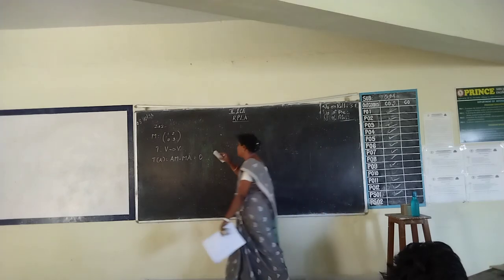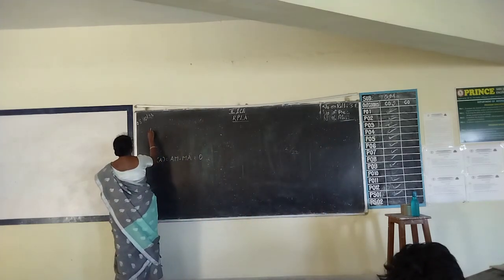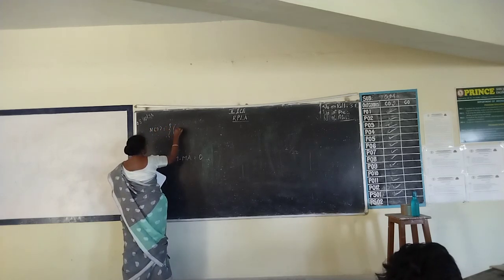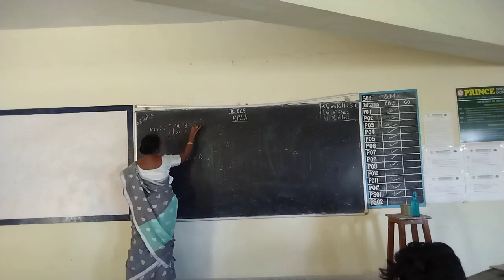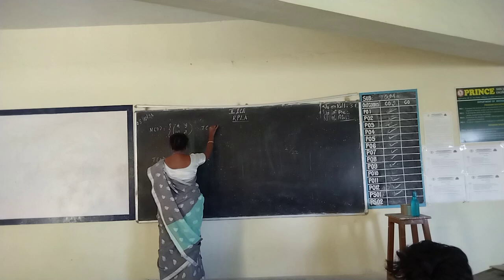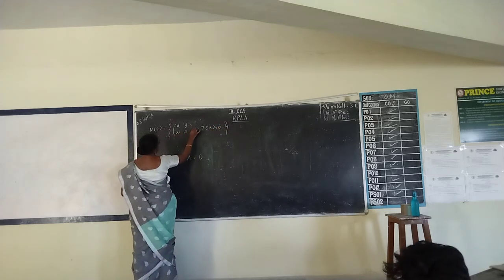Next, the null space of T is the set of all matrices of the form x, y, w, z such that T of A will be equal to 0. This will be our lemma.